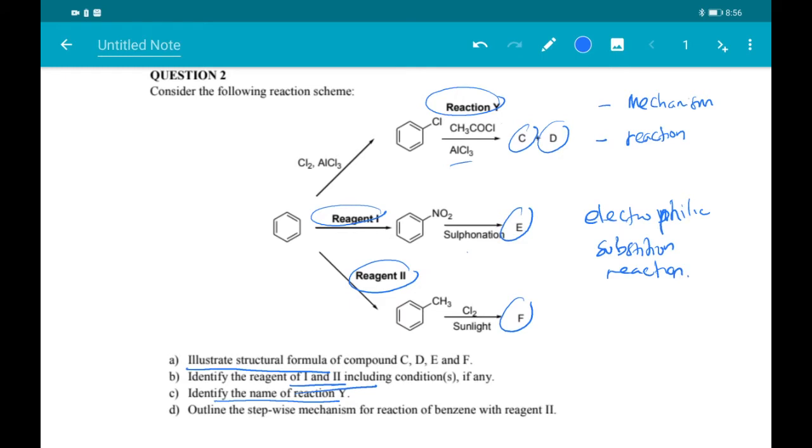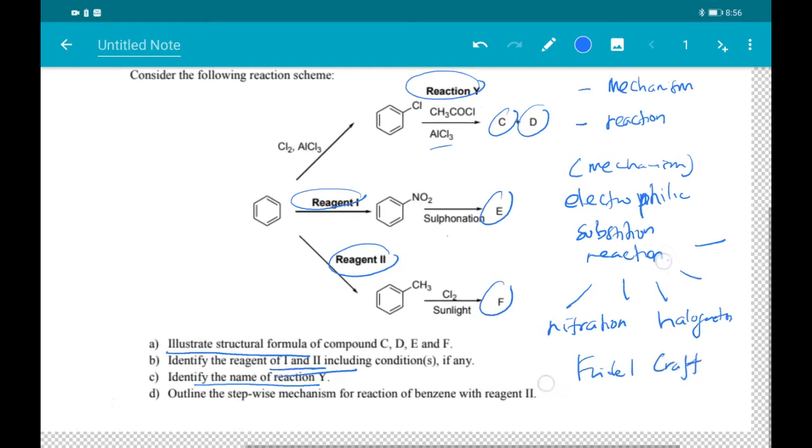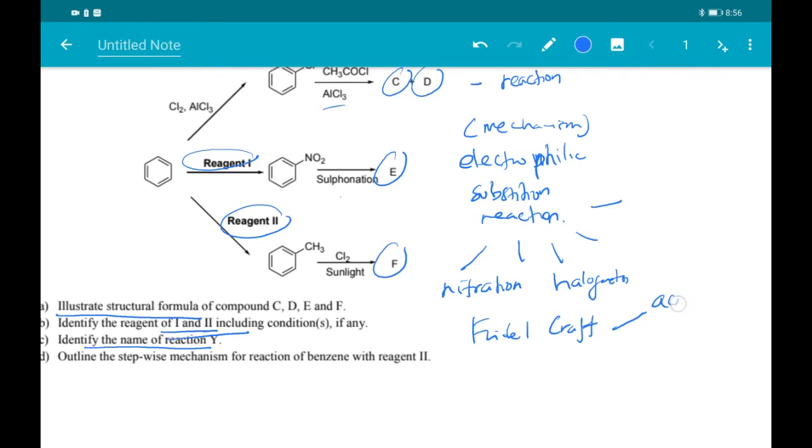The electrophilic substitution reaction is the mechanism, while under it we have a series of reactions that follow this mechanism, what we call nitration, halogenation, and the Friedel-Crafts reactions. There are two types of Friedel-Crafts: acylation and alkylation.